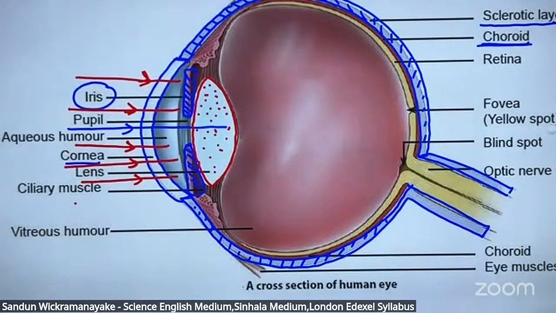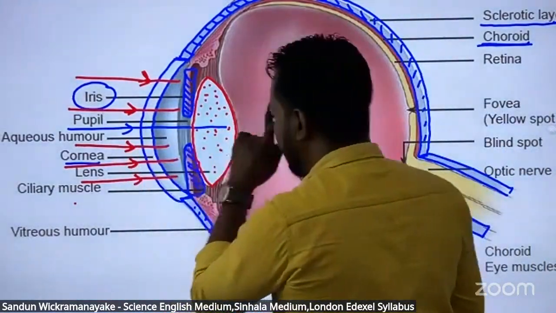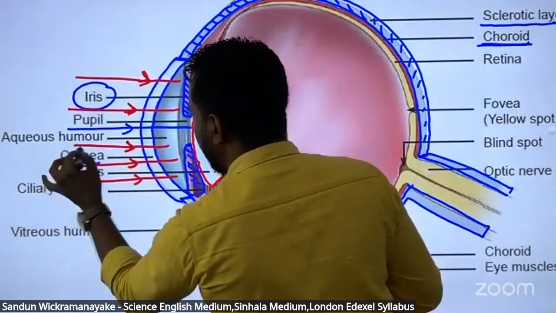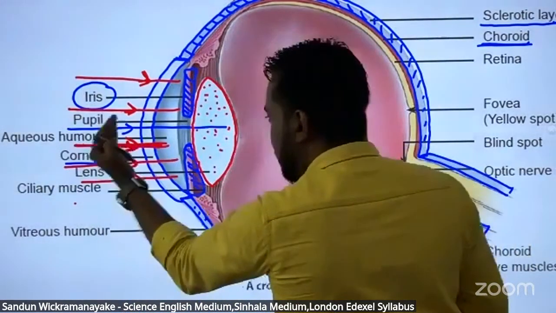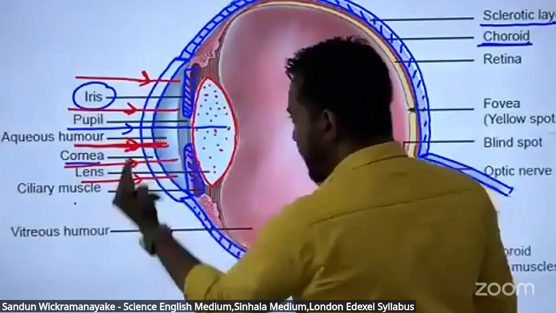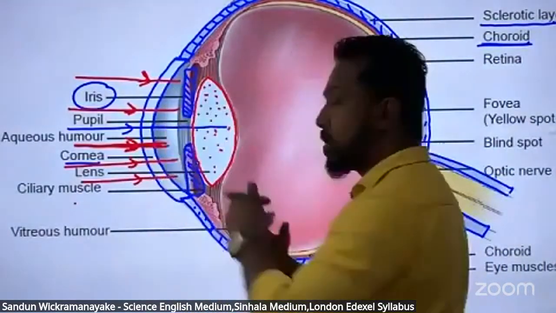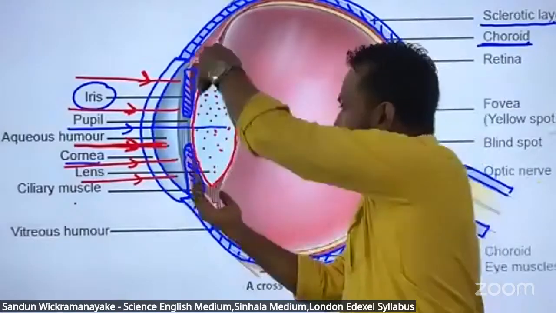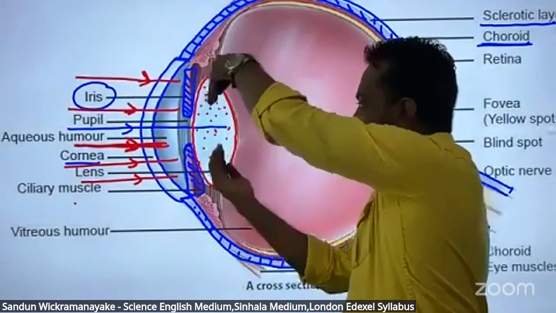Right. Look at this. Now we have entered those light rays inside this human eye. They came through this cornea into the aqueous humor. And we need to control those light rays using this. It will be controlled by this iris.